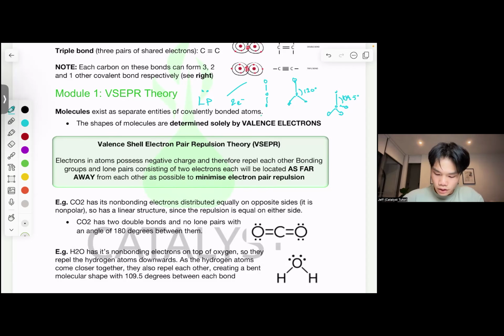Linear. So linear is this one here. What's the one with 3 bonds? Be specific. Trigonal is not good enough. Planar is not good enough, but trigonal planar is good enough for the second one. Be specific because they are different things. Trigonal planar. And finally, we have tetrahedral.